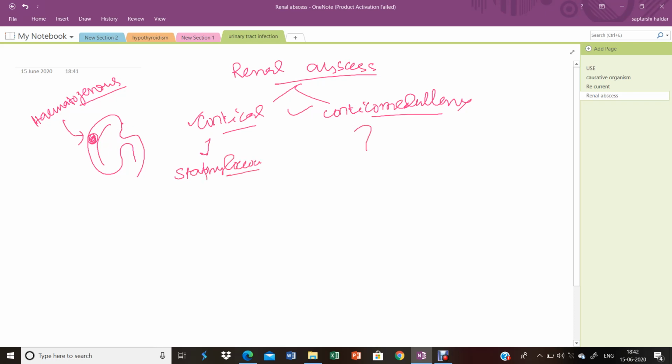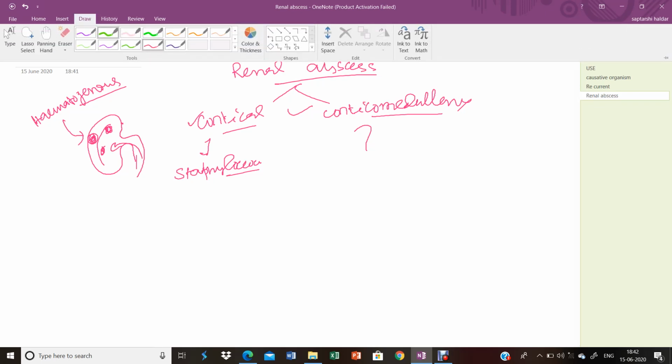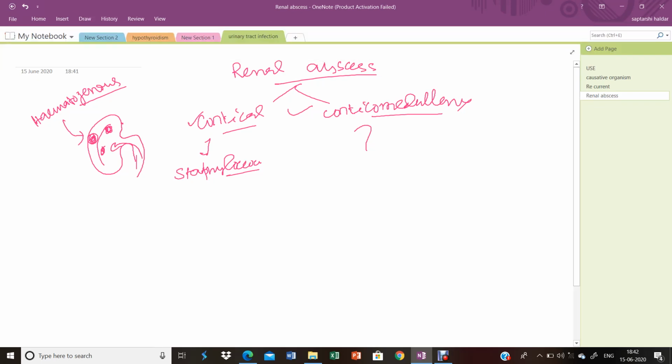When it is at the corticomedullary junction, the source of infection is ascending, and E. coli is the most common organism.